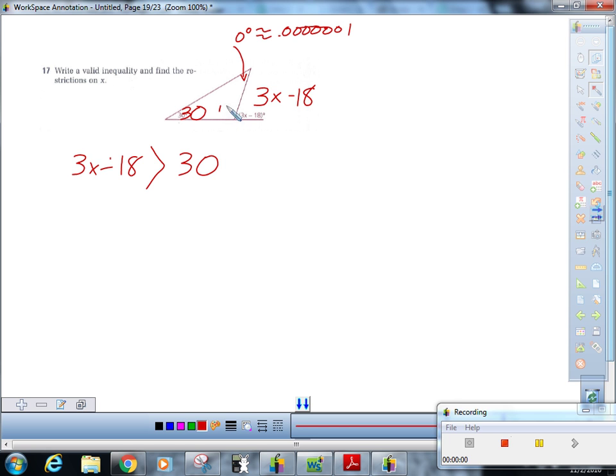This would be very close to 150. I mean, it can be infinitely close, right? So not only does 3x minus 18 have to be greater than 30, but what else is true? 3x minus 18 has to be less than 150. It's got two requirements. It couldn't just be like a million, right? So it's got to also have an upper limit.